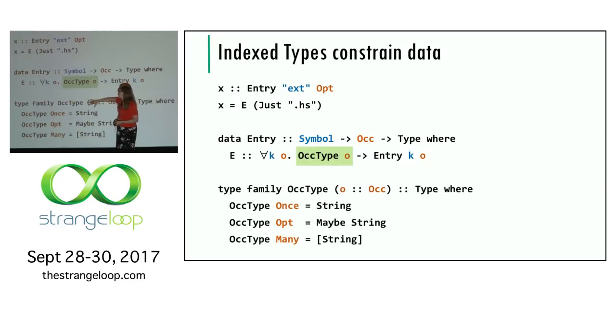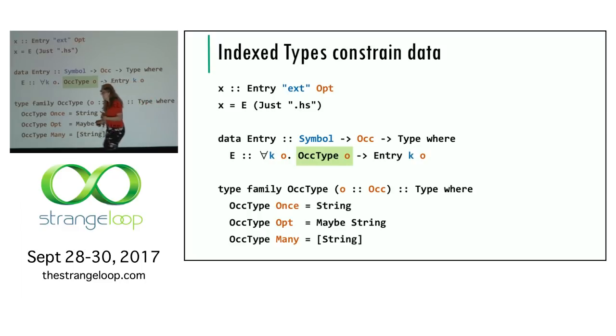This octype function takes one of these occurrences, and it maps that occurrence to the type of data that should be stored in that entry. So the second index here is constraining the type of data. So when I have opt, then the octype for opt says I need to have an optional string value there. That's the only kind of value that can be stored if the index is opt.